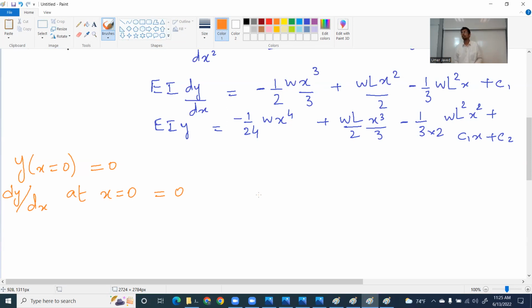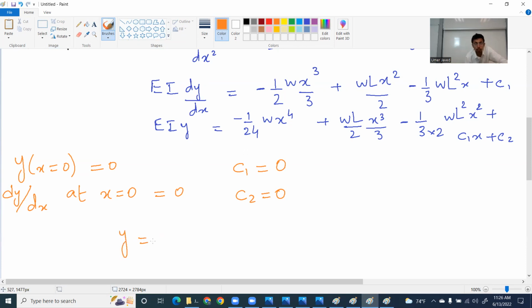Everything is fine? So you can calculate yourself. I think C1 also comes out to be 0, and C2 also comes out to be 0.